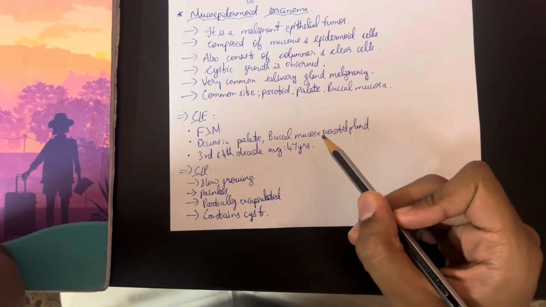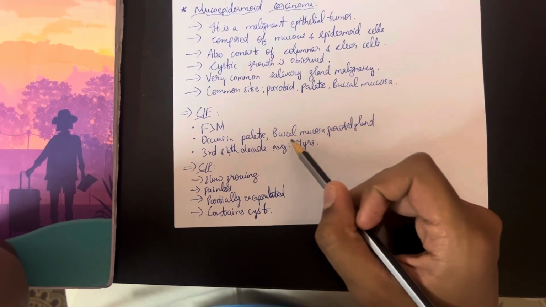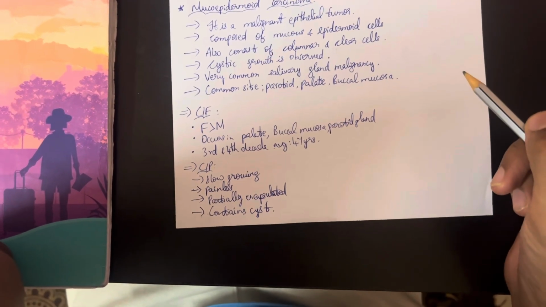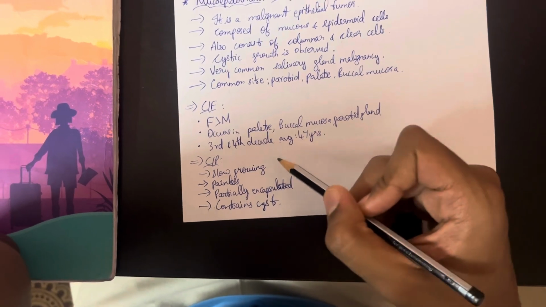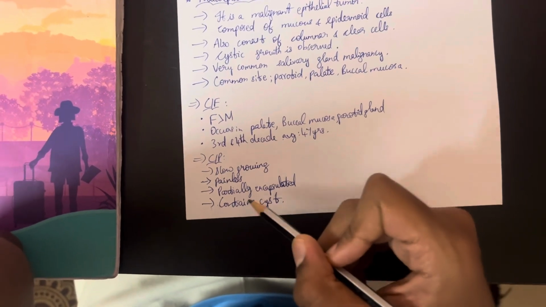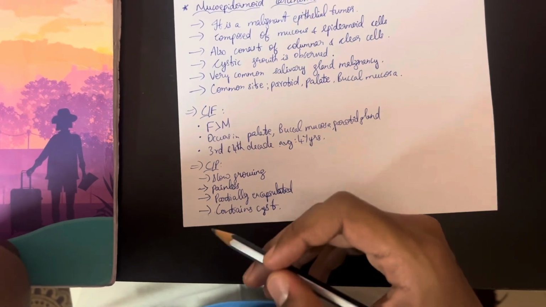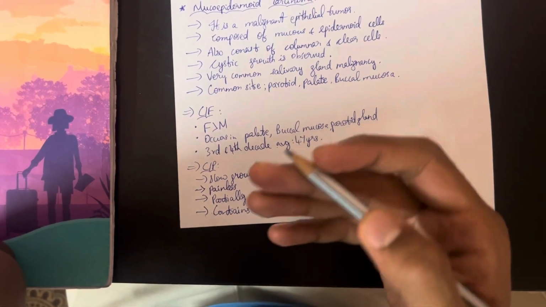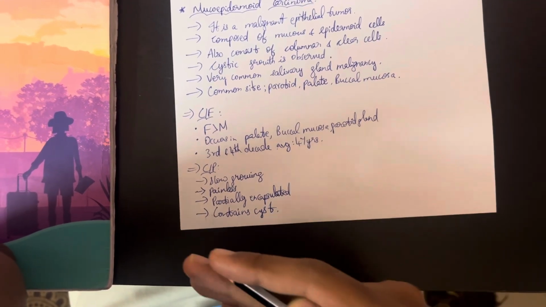The age is around 30 to 40 years. The average is 47 years. The clinical presentation is slow growing, painless, partially encapsulated, and contains cyst.